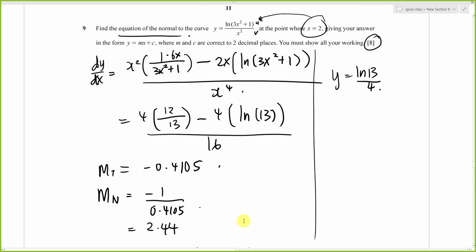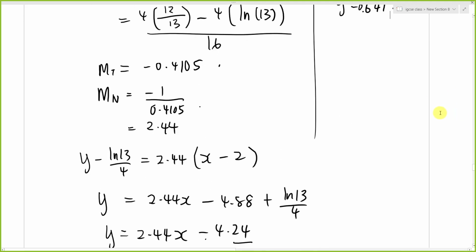The coordinate is 2, right? Correct to 2 decimal places. Ln 13 over 4. Okay, if I do the ln 13 over 4, it takes 4 decimals, 0.6412. 0.6412 plus minus 4.88.